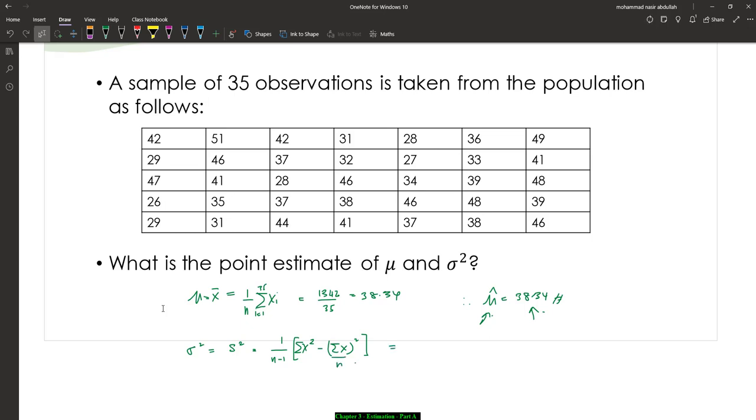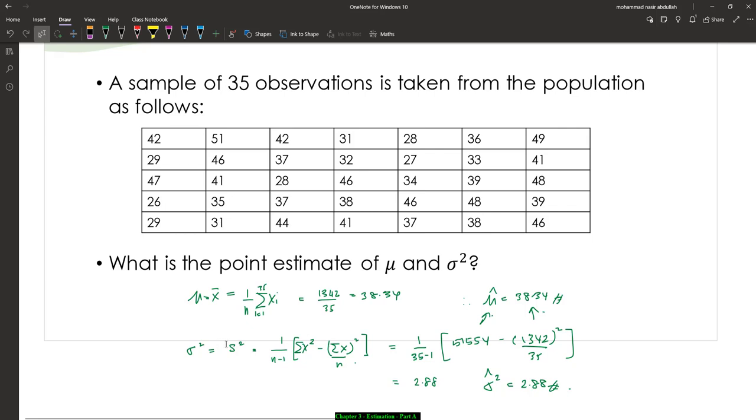If you calculate, you will get 1 over 35 minus 1, times 51,554 minus 1,342 squared divided by 35, and this should be equal to 2.88. So we know that sigma squared hat, the point estimate for sigma squared, is equal to 2.88.